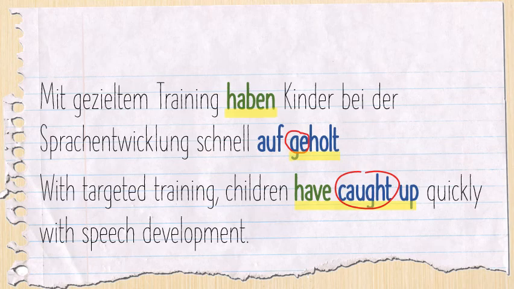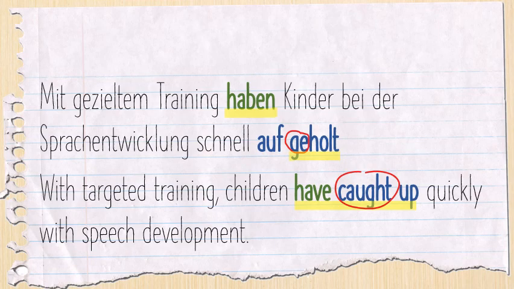And so you can see also that we didn't say have catch upped. We didn't just try to make the whole catch up thing into a participle of some kind by putting some other morphology on it to make it sound like a past participle. We don't do that. We simply modify the part that's the verb.